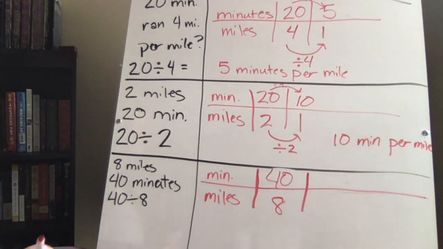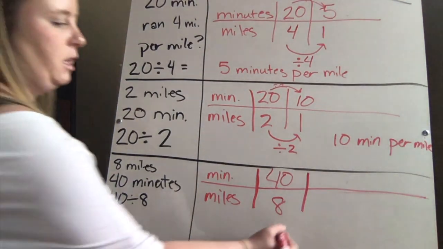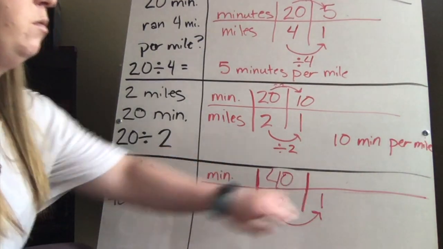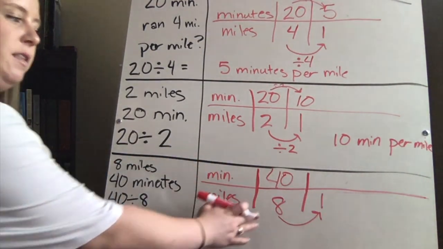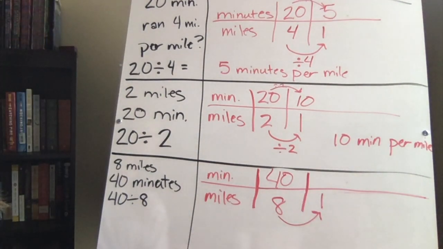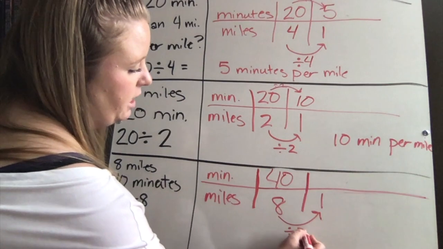Okay, I hope you were able to solve that on your own. If you weren't, I'm going to show you how here, or you can check your answer if you were. So I know to get to 1, if I'm going from a whole number to 1, all I have to do is divide that whole number by itself, just like anything multiplied by 1 equals itself. So 8 divided by 8 is going to give me 1.